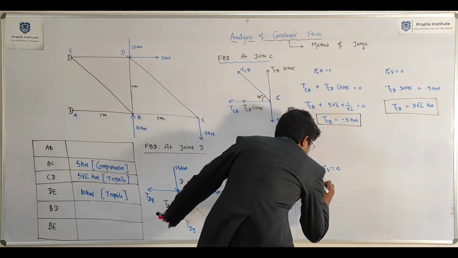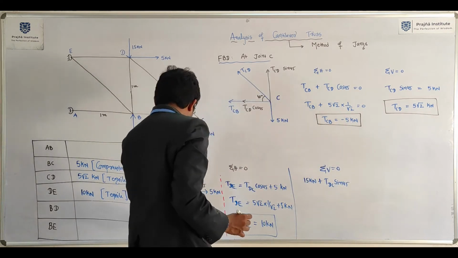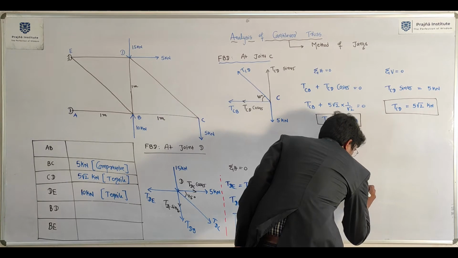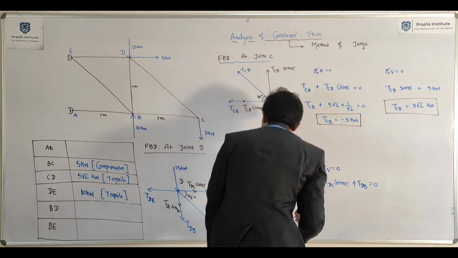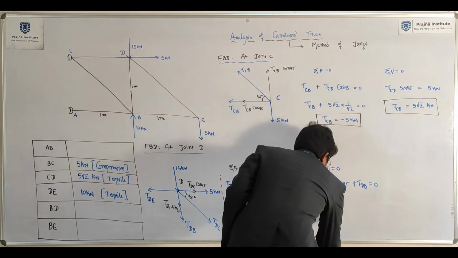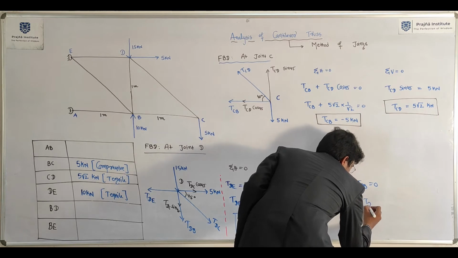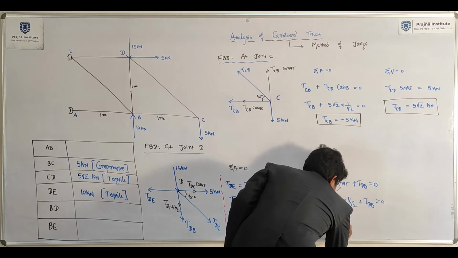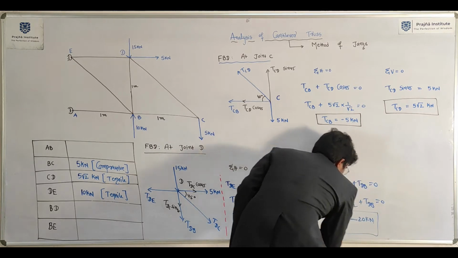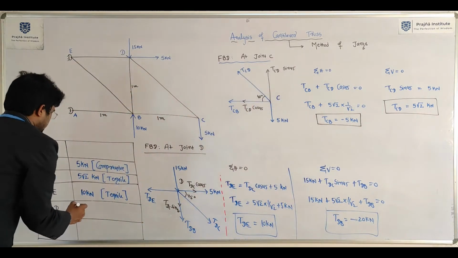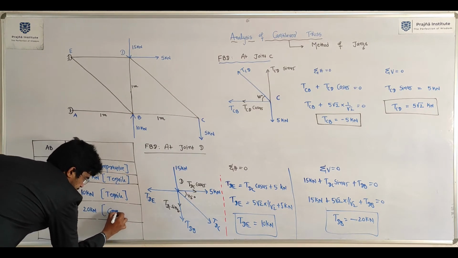Then TDC sin 45, and again TDB equals to 0. 15 kilonewton. What is TDC? 5 root 2 into 1 by root 2, TDB equal to minus 20 kilonewton. What is the force in the member BD? 20 kilonewton, compressive.